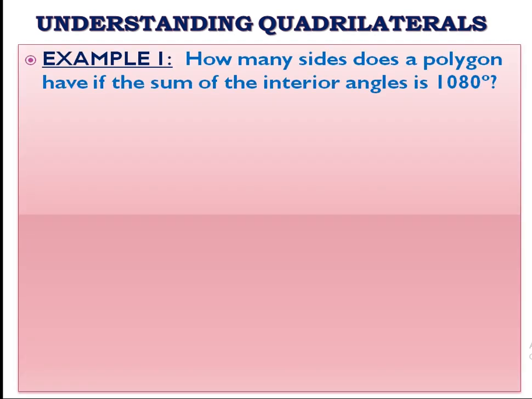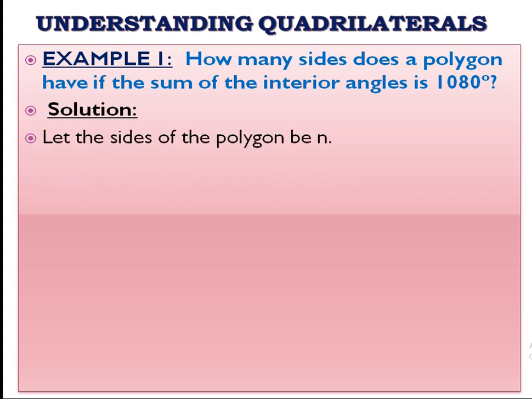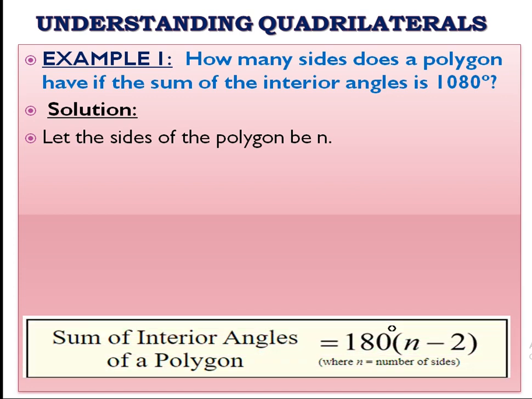Now see example 1. How many sides does a polygon have if the sum of the interior angles is 1080 degrees? Let's see the solution. Here, let the sides of the polygon be n. Now we know that sum of interior angles of a polygon is equal to 180 degrees into n minus 2.